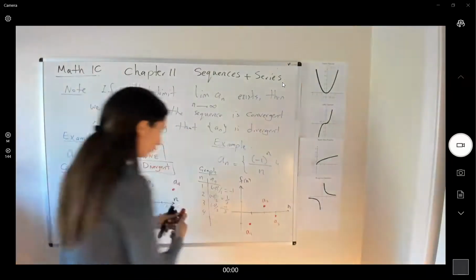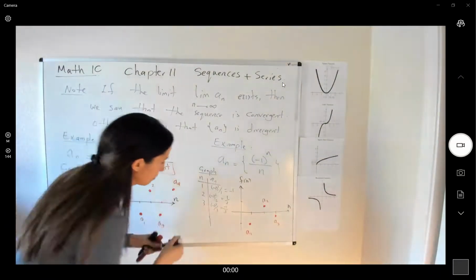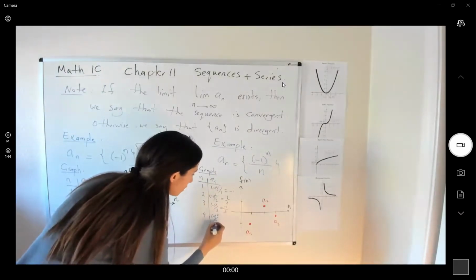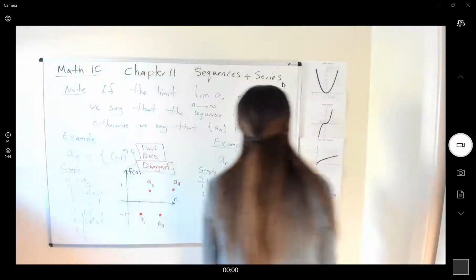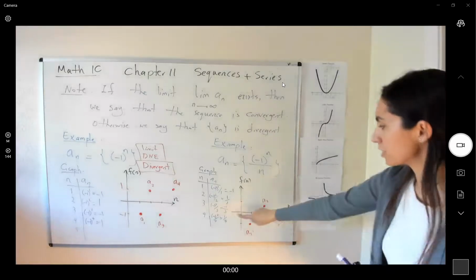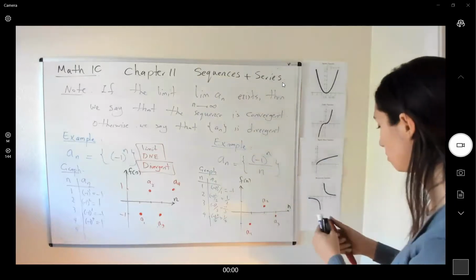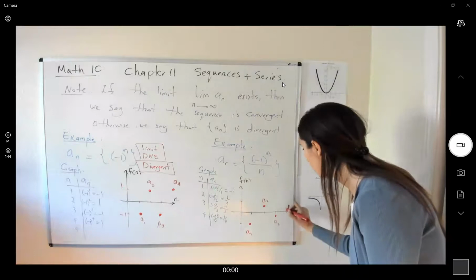If I plug in 4, I have -1 raised to 4 divided by 4, which is 1/4. It seems like these terms are getting closer and closer to the n axis. So that is a sub 4.